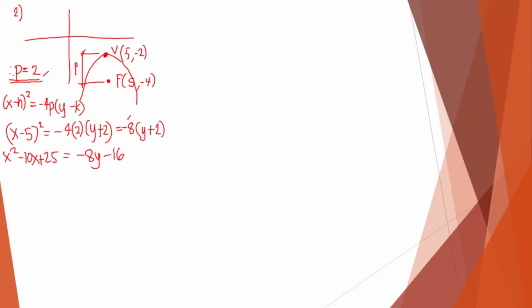So we just distribute this negative 8: negative 8 times y, and negative 8 times 2, which is negative 16. Simplifying, we have x^2 - 10x + 8y + 41 = 0. So that will be our answer for number 2.